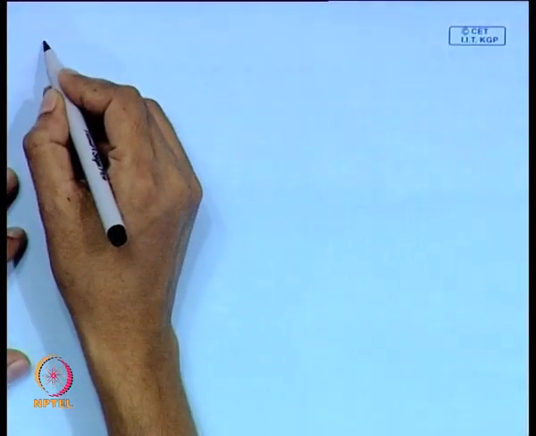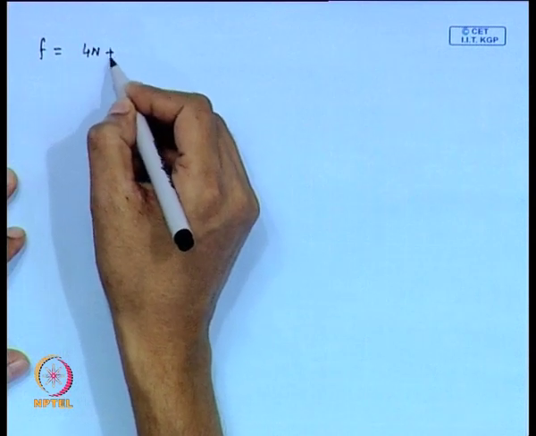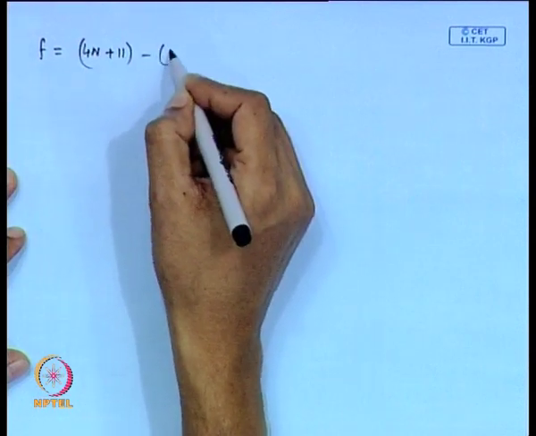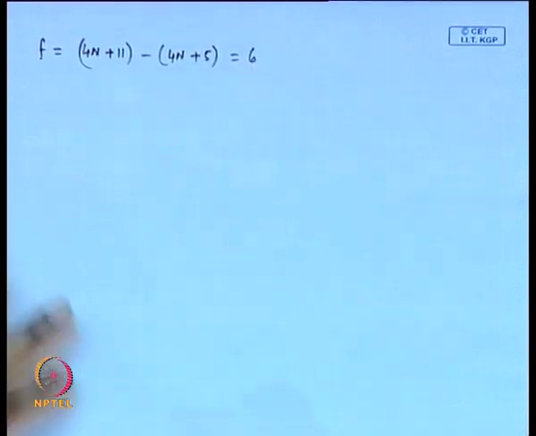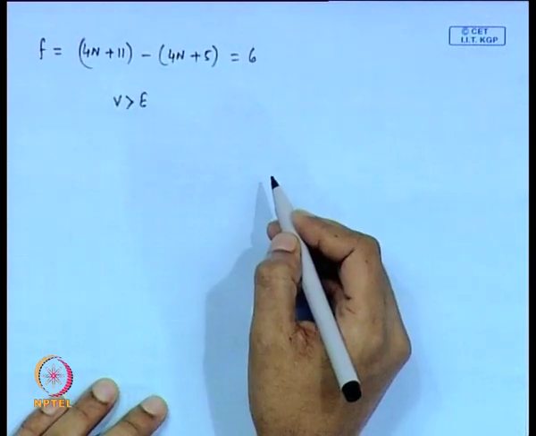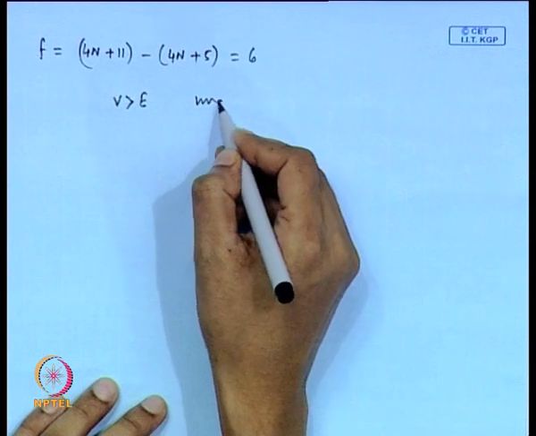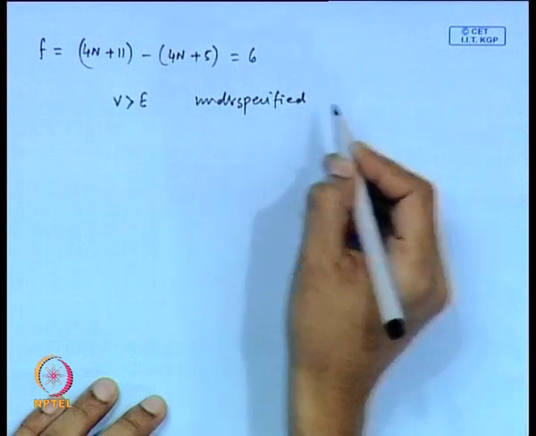So, degrees of freedom F equals 4n plus 11 minus 4n plus 5, that is 6, fine. That means, this is an under specified process. Since V is greater than E, so this is an under specified process.